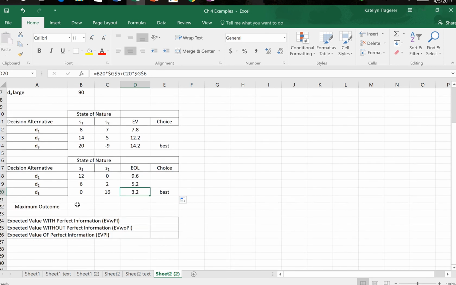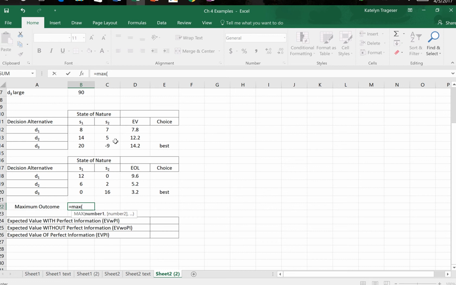So now we need to calculate our maximum outcome here. Maximum is simply the maximum that we have in each state of nature. What can our maximum profit be given a specific state of nature? So here we have equals the max of state of nature 1, $20 million.